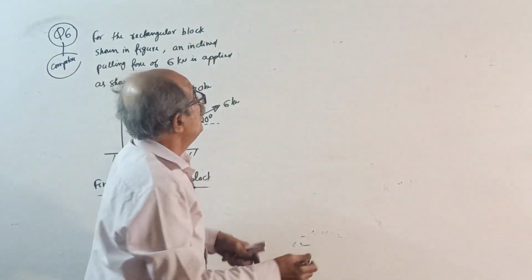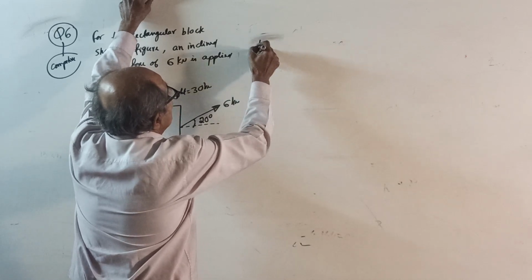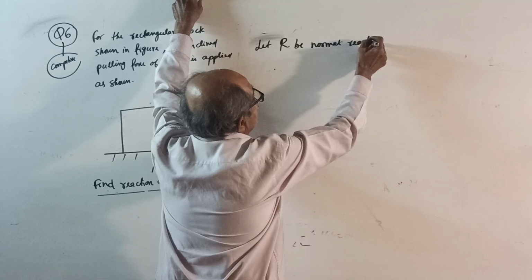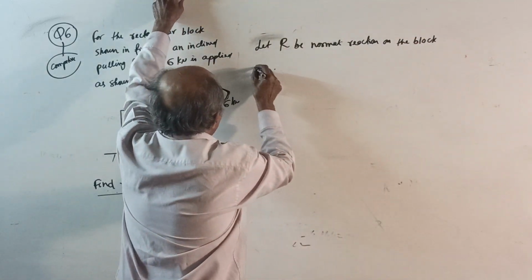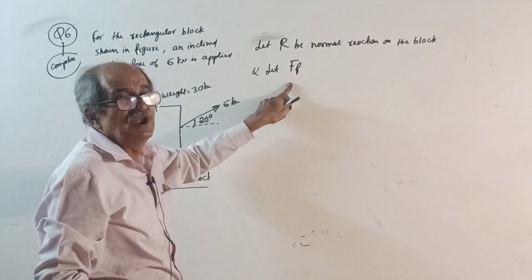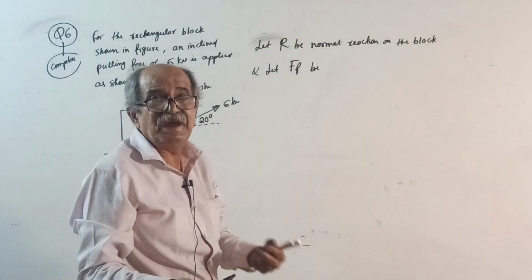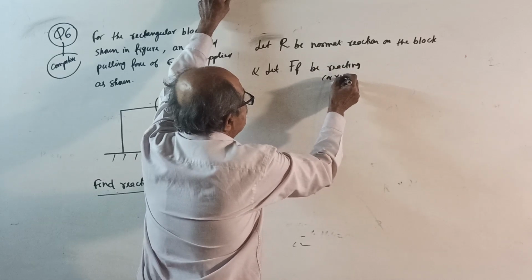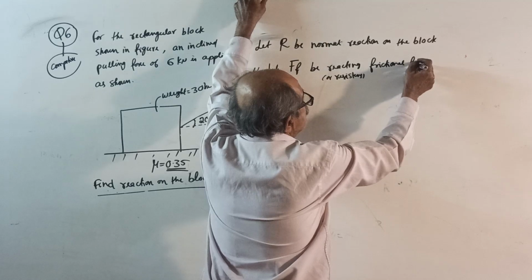Over. So write the statement here. When the block is resting on the ground, let R be the normal reaction on the block, and let FF, simply frictional force, don't put F, be the horizontal reacting or resisting frictional force on the block.